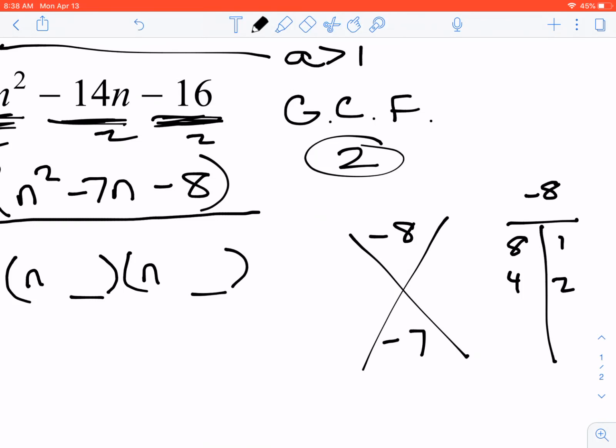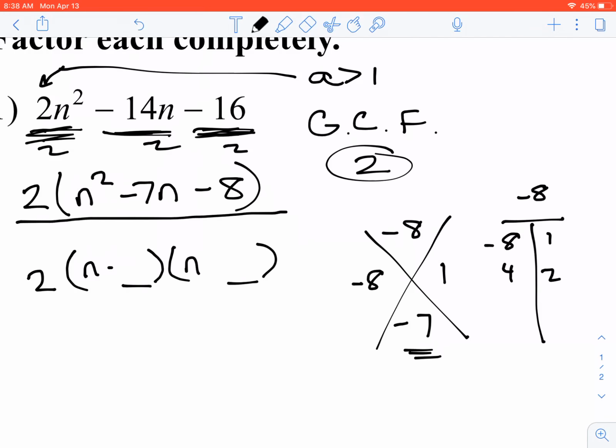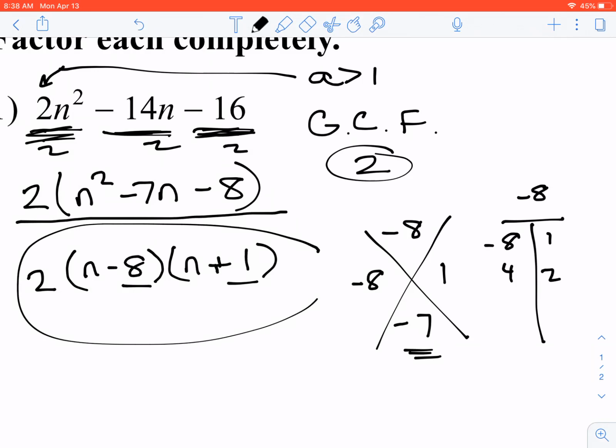We know that our factor pairs are 8 and 1, but one of them needs to be negative because when we add them, we need it to be negative 7, and when we multiply them, we need it to be negative 8. So if I want to add them and be left with a negative, the 8 needs to be negative. So negative 8 and 1, and you are done.